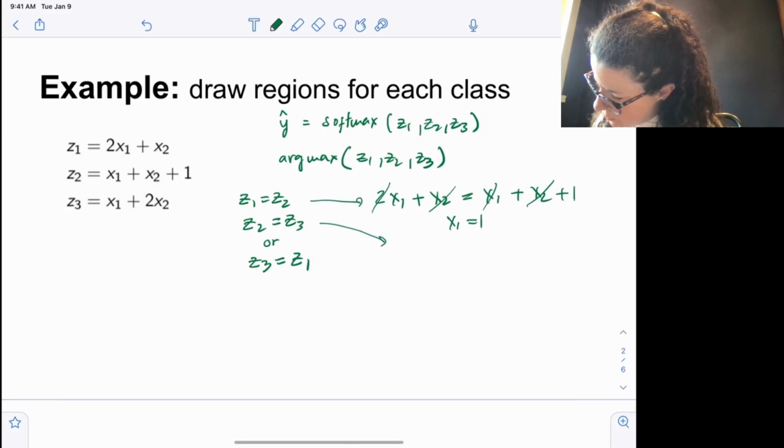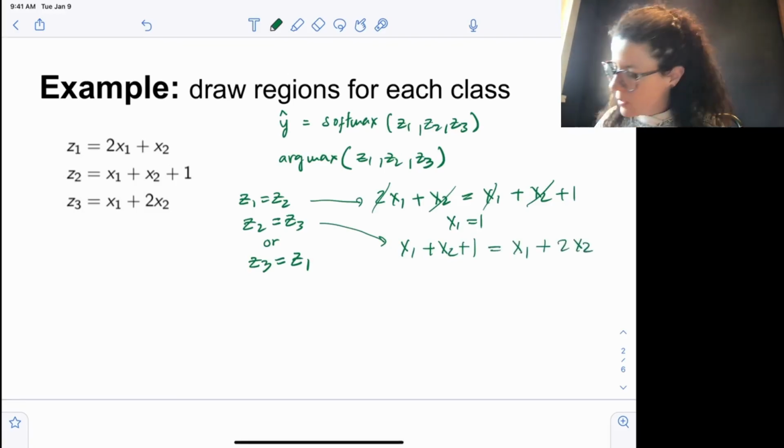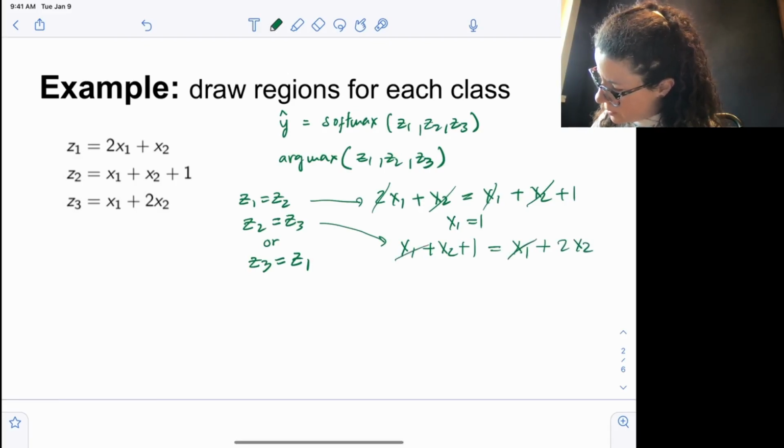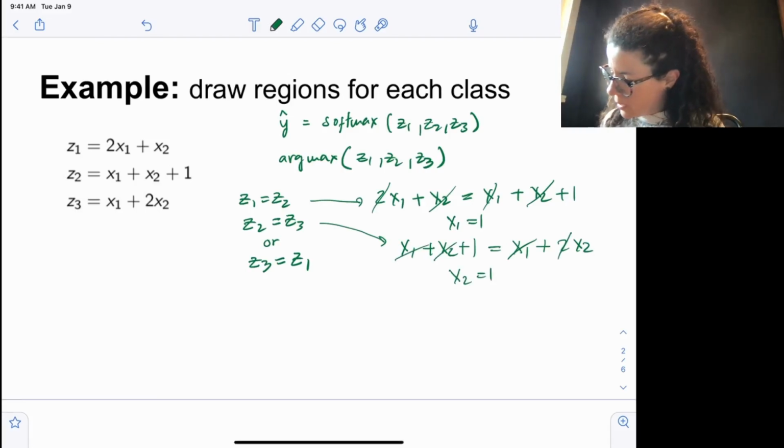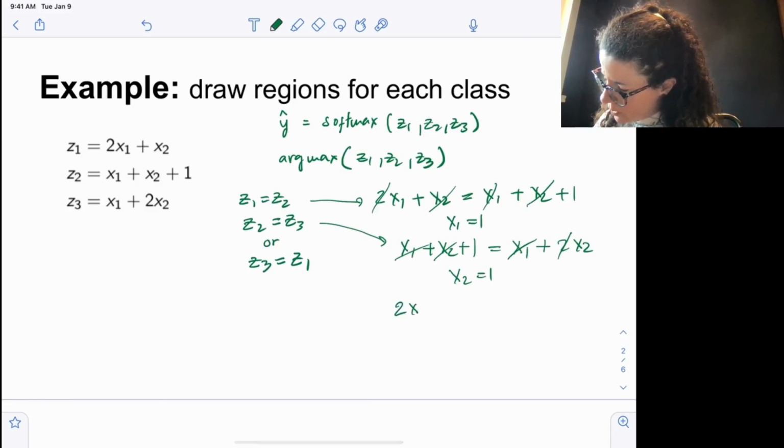Now let's do z2 equals z3, that is x1 plus x2 plus 1 equal to x1 plus 2x2. This simplifies, and we get x2 equals 1. And finally, z3 equals z1: we have 2x1 plus x2 equal to x1 plus 2x2, and so this gives you x1 equals x2.